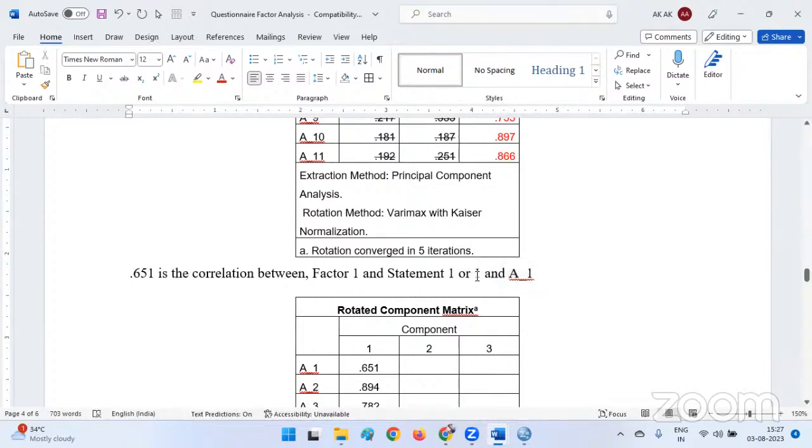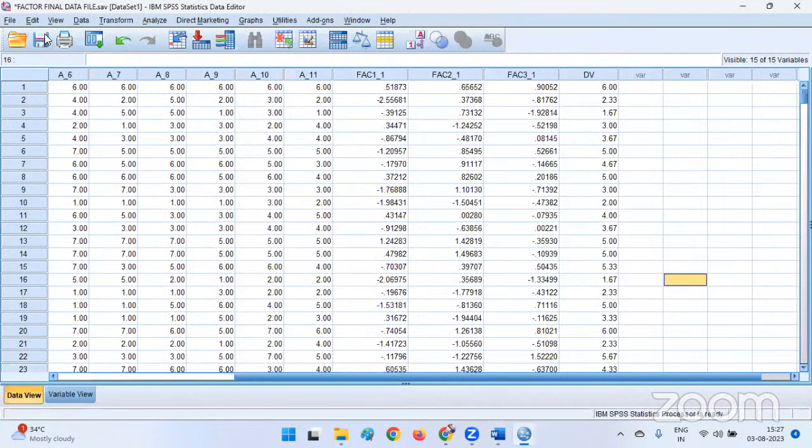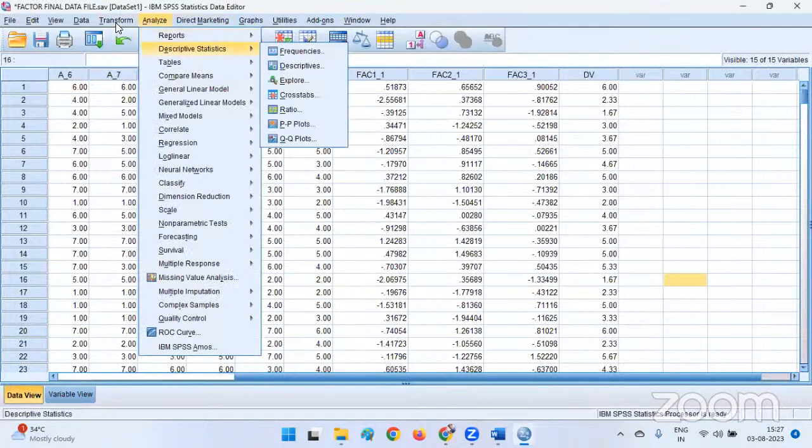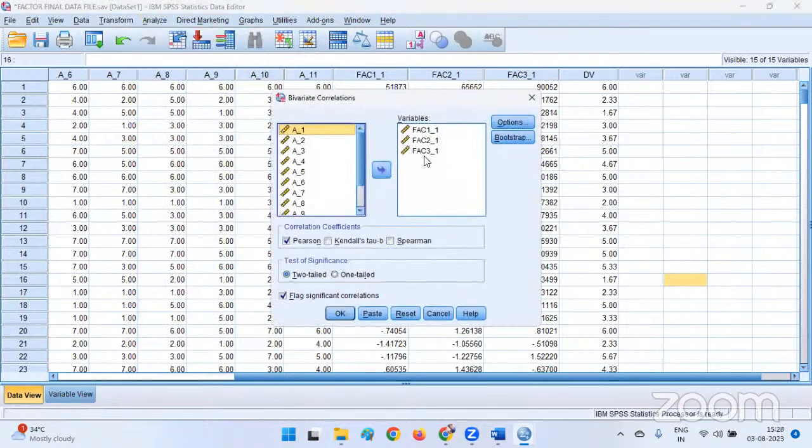This is the first factor and the first item. So let us prove it. In the input file, we go to Analyze, Correlate, Bivariate. This is the factor and this is the item.